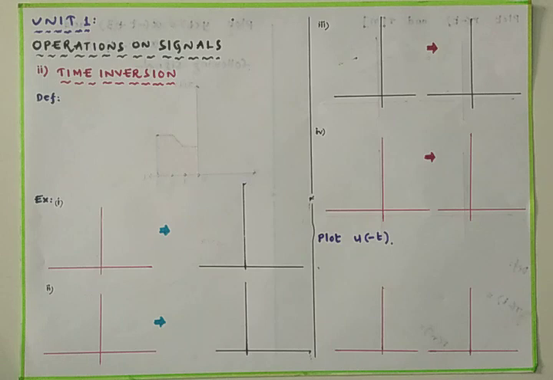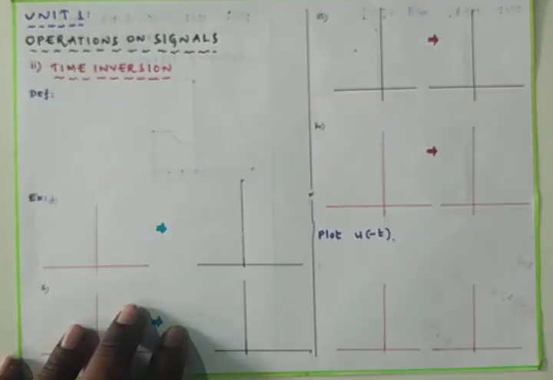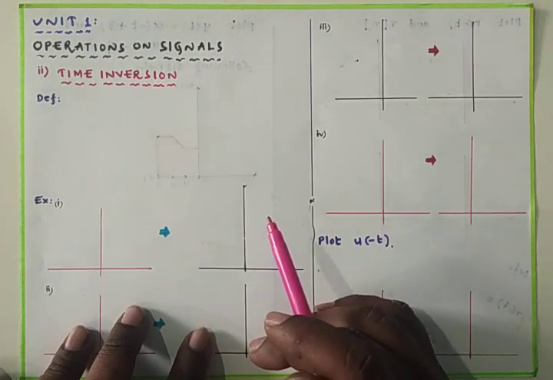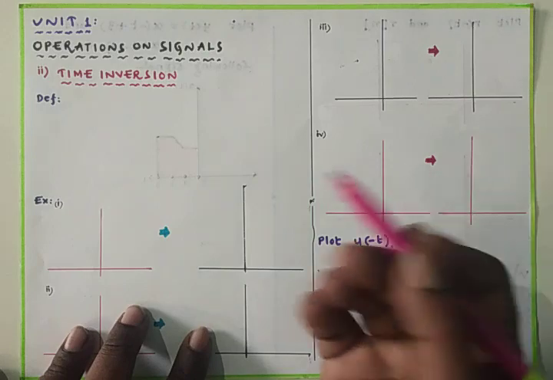If we apply some operation on x of t and y of t is obtained simply by replacing t with minus t, then that operation is named the time inversion operation. The time inversion operation is also called the time reversal operation or the time folding operation.